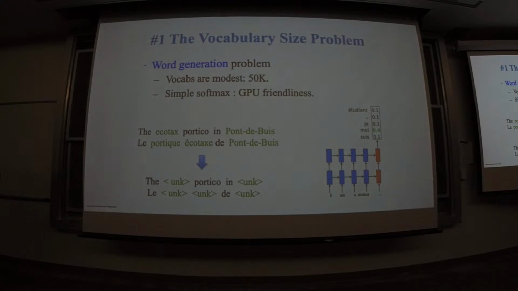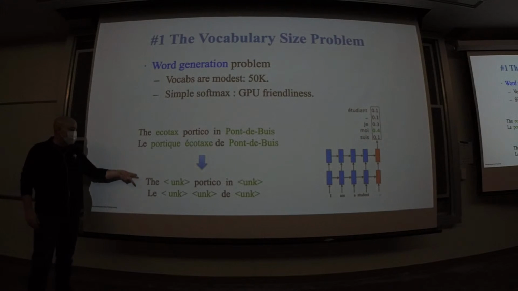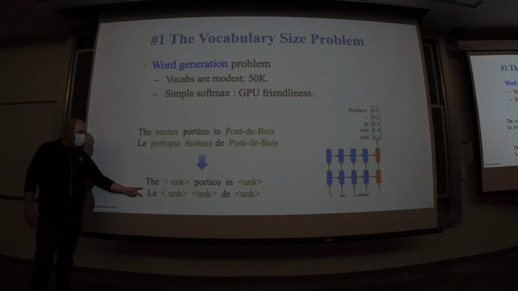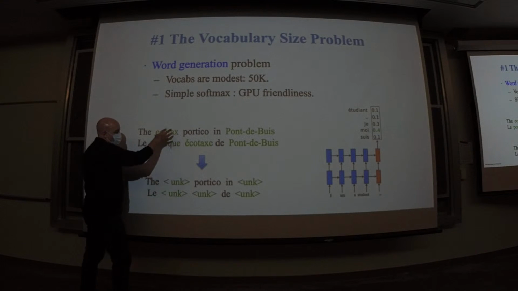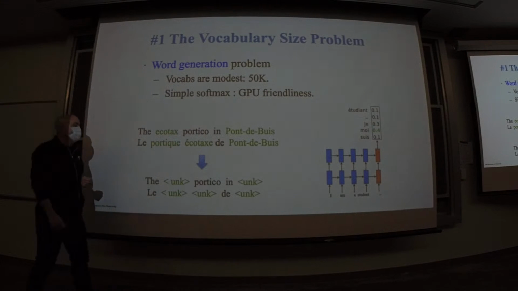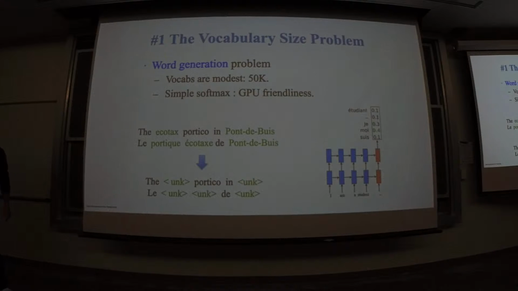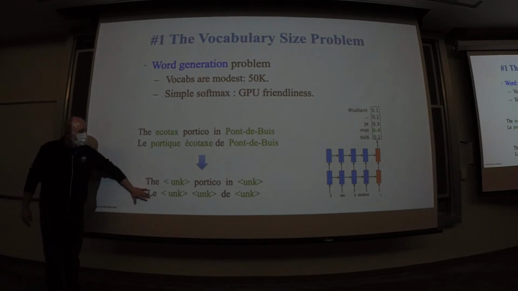And we don't forget that this is still a pair of phrases, one in English and one in French. When we've done this replacement, we still have the same thing. And what's typically the case is that there will be some relationship between the unknown tokens in both languages.